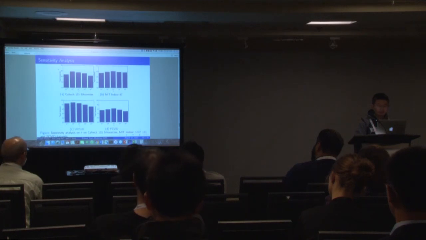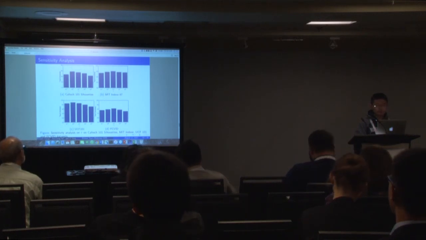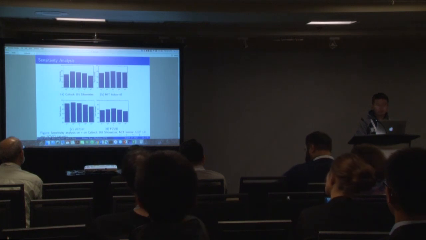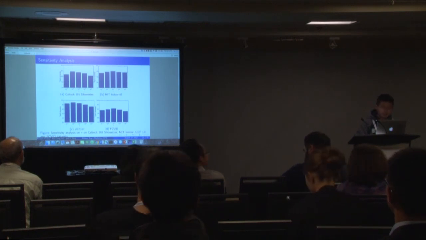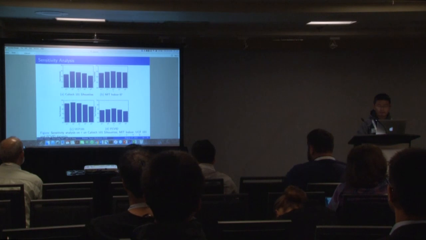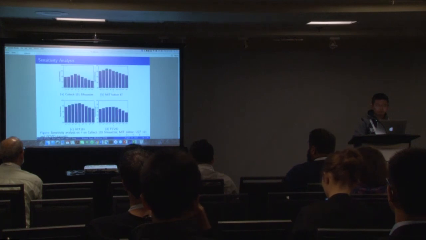We also do some sensitivity analysis. We tune the parameters, and we can see that the best performance is always obtained when tau is in the range of 1 to 10. Similar observations hold on the four datasets.